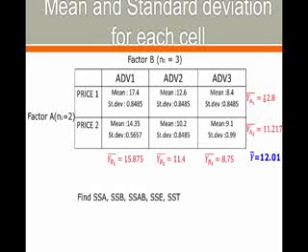For SSA, this is the difference between Y bar A1 minus 12.01 squared plus Y bar A2 minus Y bar bar squared, multiplied by the number of observations that was used to calculate these averages: 3 levels times, in each cell, 2 repetitions.